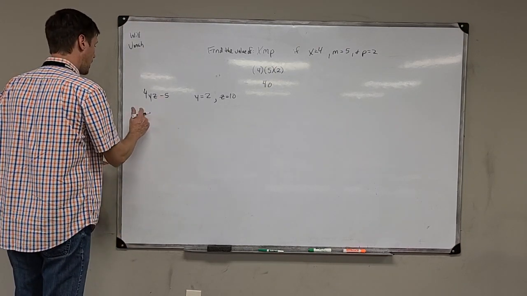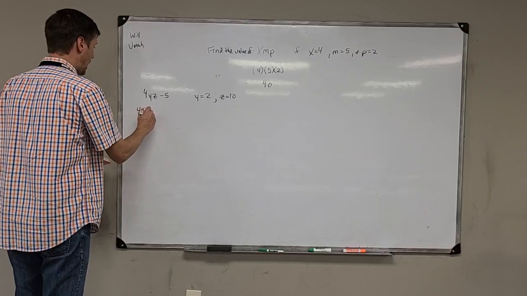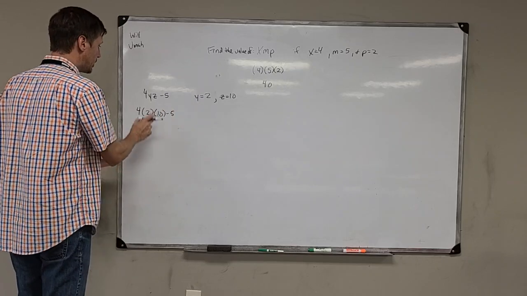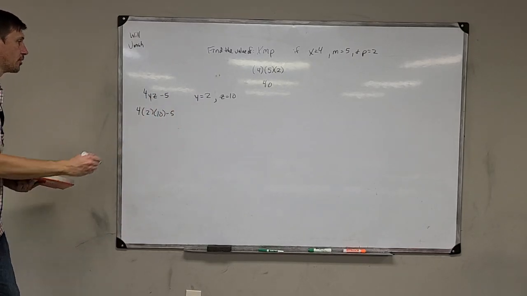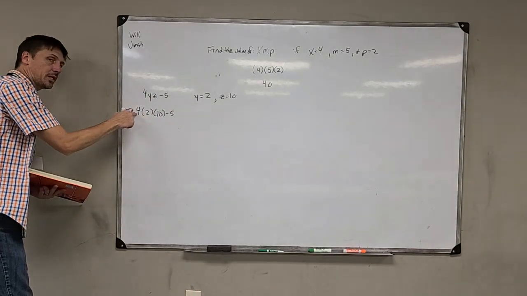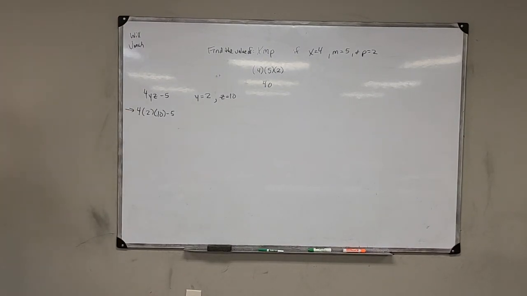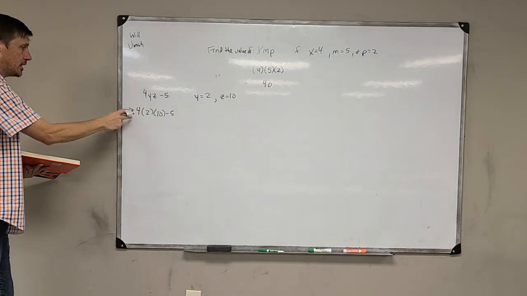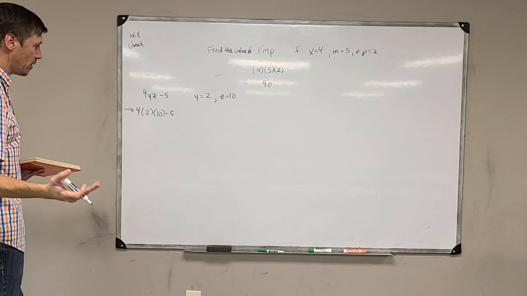Right, so 4, not the 2, 5, right? So we're going to plug these in again. I would always do this step, guys. Take the time. Instead of just plugging it in and multiplying it in your head, write this line right here, right? There's where you get the partial credit. When you write that down, I see, okay, they get it. You just take the number that's associated with the variable and you plug it in, right? So I want to see this, and then if you make a math error, you're going to lose a point.